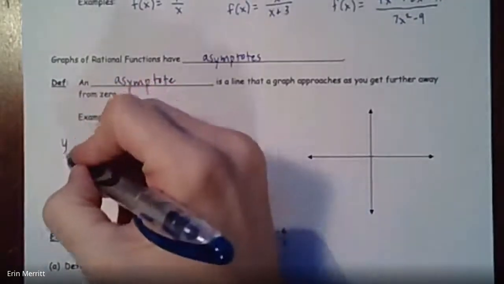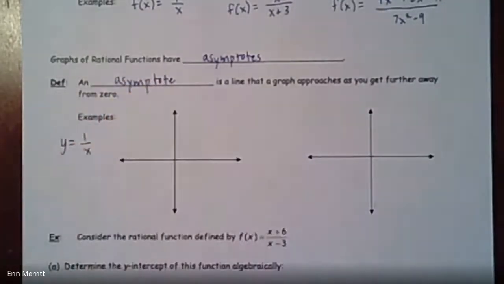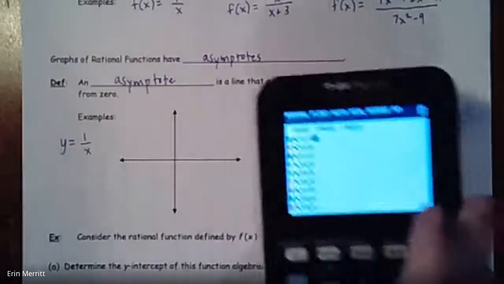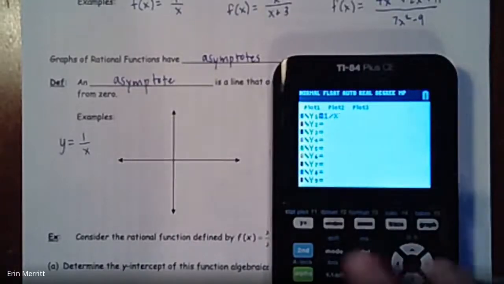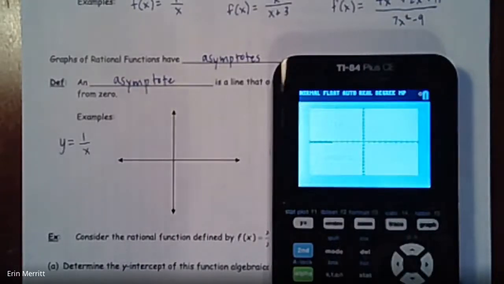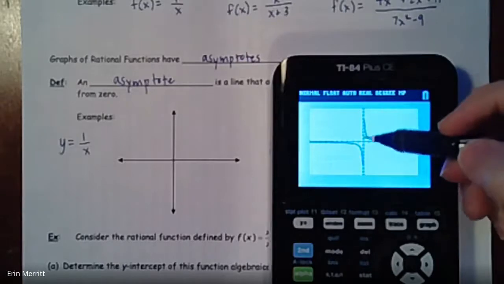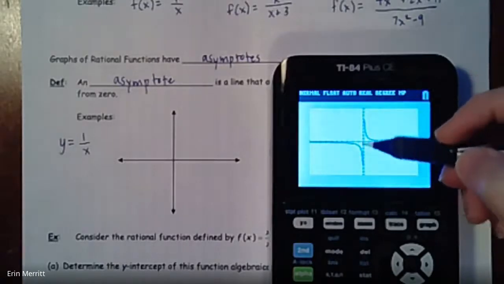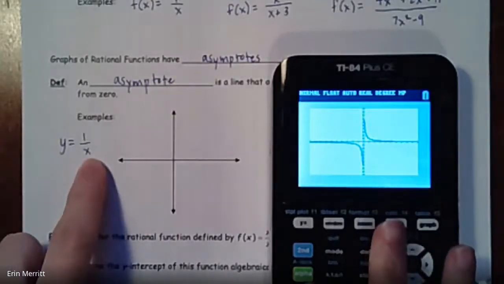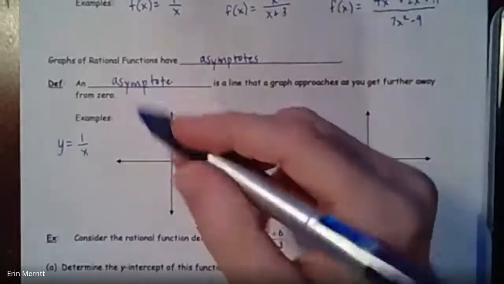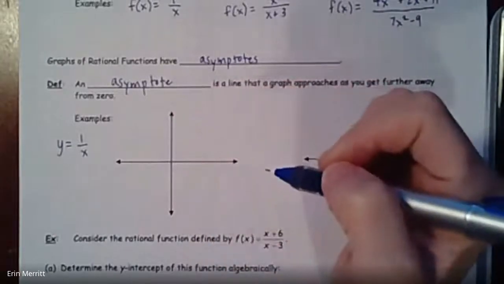If we look at a really simple example, like y equals 1 over x, I'll grab my calculator here. If I put into y1 just 1 over x, so you can see what this looks like, I'm just going to zoom 6. This quirky little graph has an asymptote right there at x equals 0, because it can't be equal to 0, or otherwise it would end up undefined.